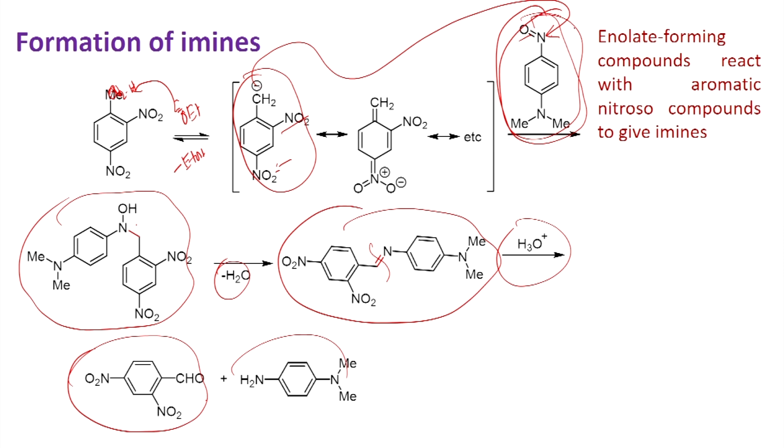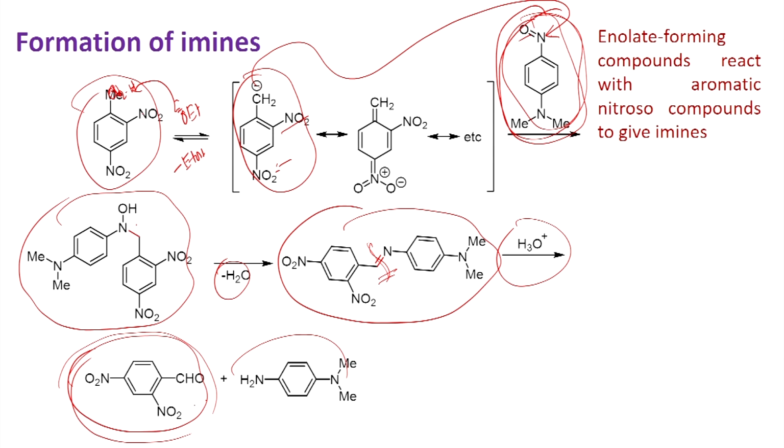The carbanion can readily undergo addition reaction with the nitroso derivative as shown here. Addition followed by dehydration forms the Schiff base. That imine can readily undergo hydrolysis under acidic conditions to form the aldehyde product. This is one of the ways, if you have this kind of substrate, it can be converted into aldehyde as shown here.